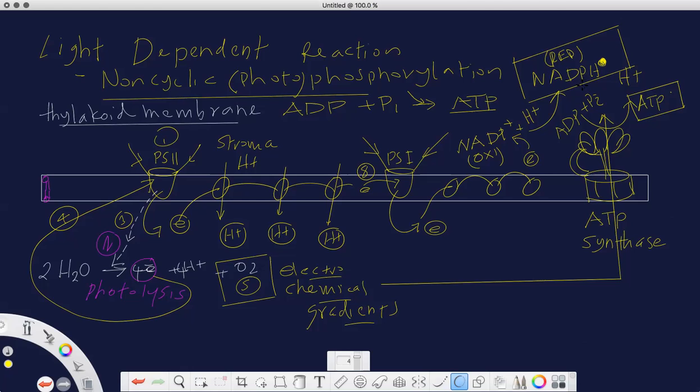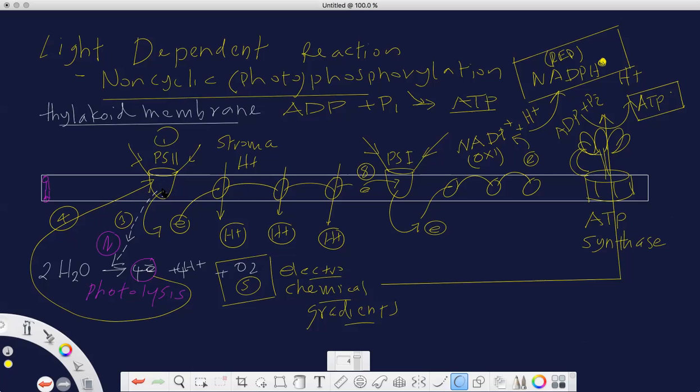Okay, just to summarize the whole event again, the starting point is PS2. It absorbs light and excites electrons. Electrons are accepted by the membrane proteins. Then the electron is leaving through these electron acceptors. The energy is used to pump hydrogen ions, and then the water molecule splits, called photolysis. Then the electrons move into PS2.